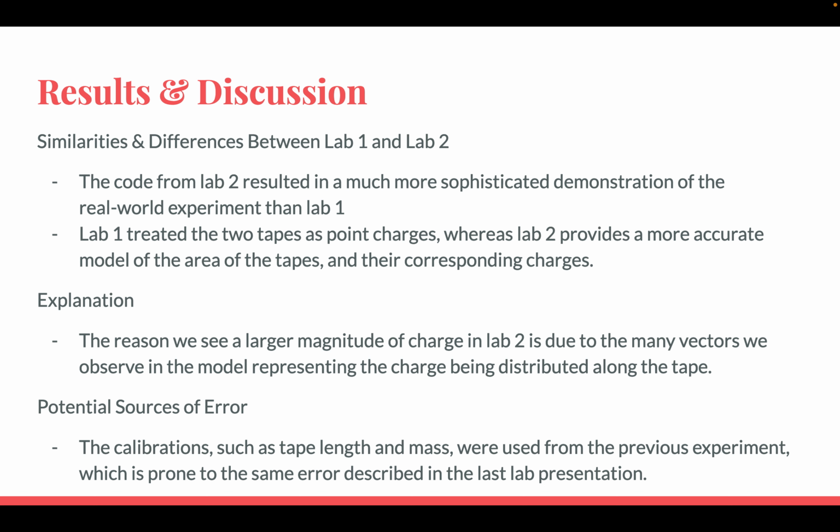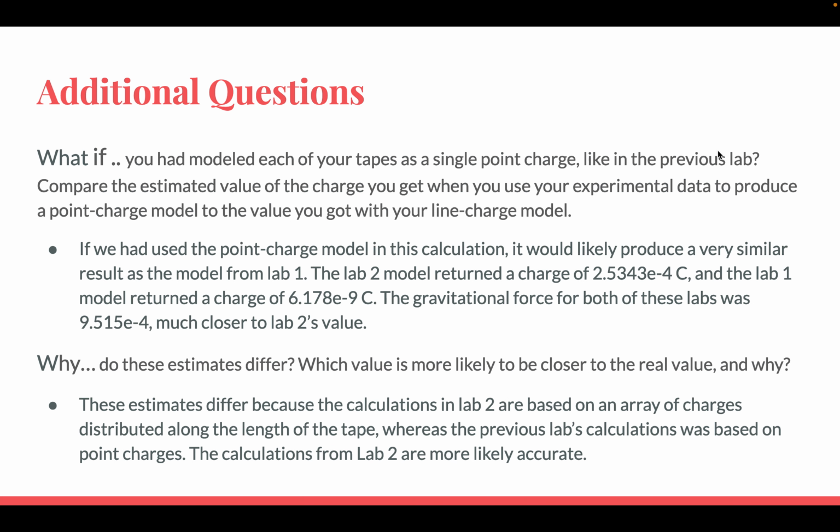So potential sources of error: the calibrations like the length and the mass were used from the previous experiment, which is prone to the same error I described in the last lab presentation. If we had used the point charge model in this calculation, this is my answer to the what if question, then it would likely produce a very similar result as the model from Lab 1, because they would both be using point charges and the same mass and everything like that.